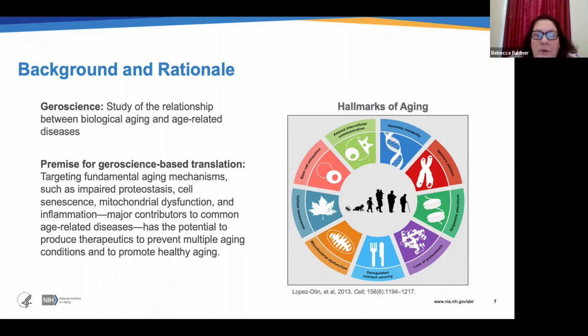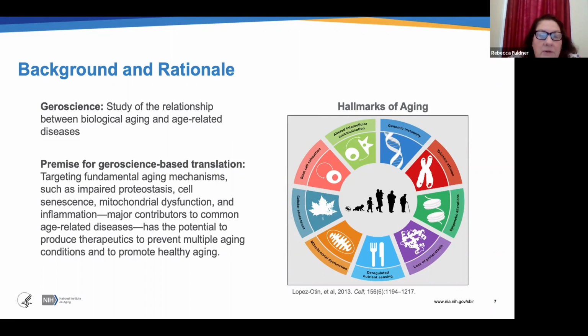So we have a large range of processes that have been identified to be affected by aging, such as impaired cell proteostasis. These are cellular and molecular mechanisms for the most part. There's DNA damage and genomic instability, which can lead to an increase in the number of senescent cells, as well as depletions of the stem cells.